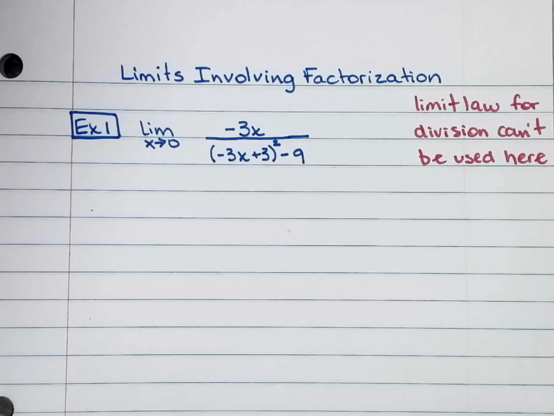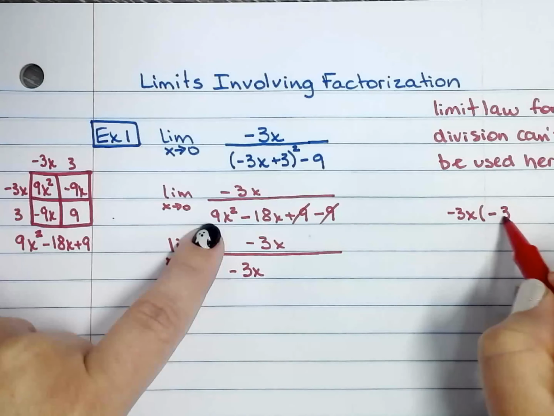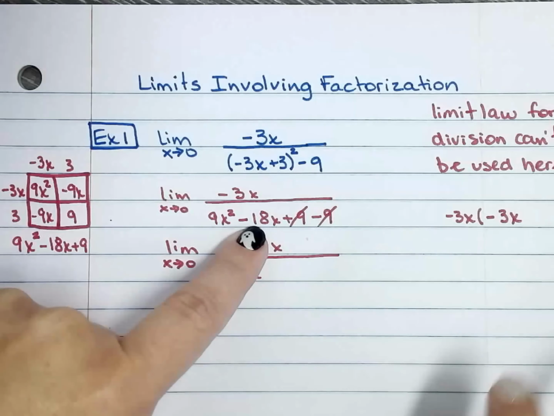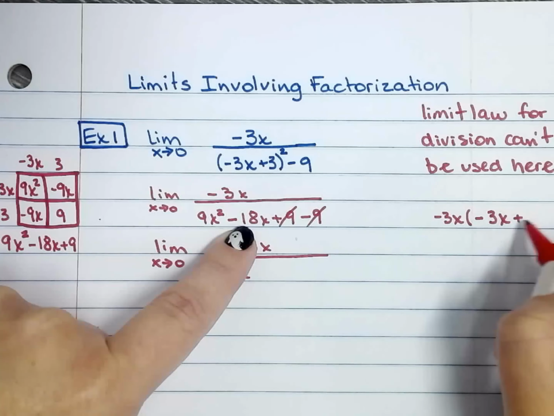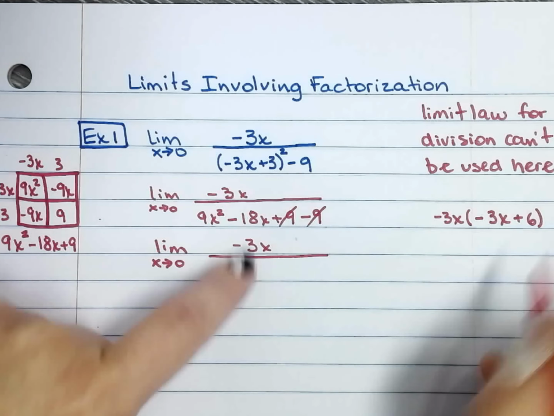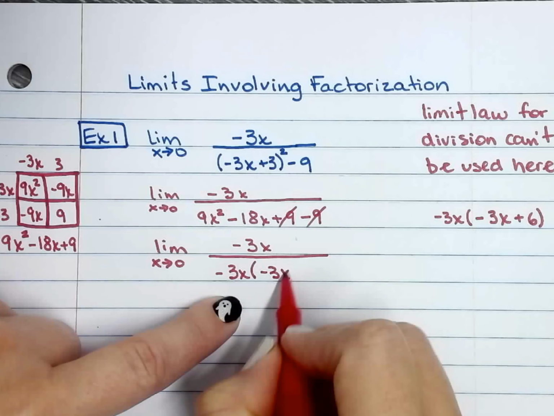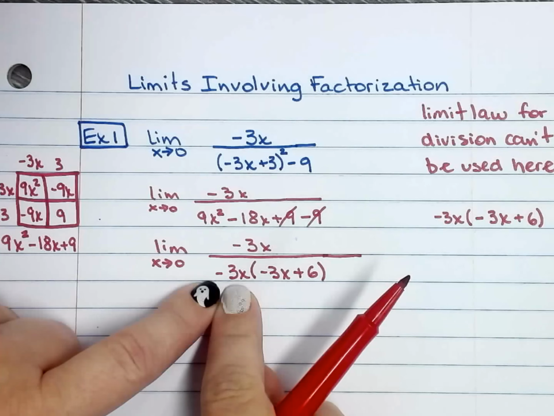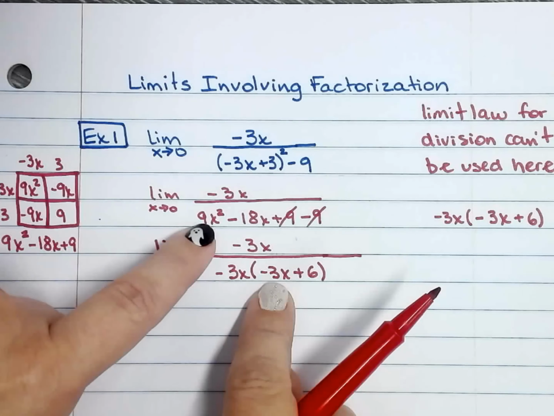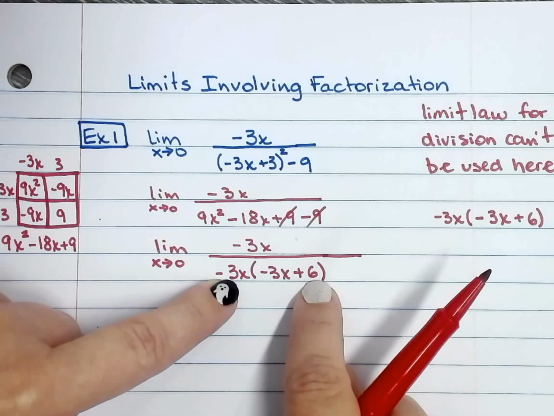So negative 3x: 9x squared divided by negative 3x gives negative 3x. Then negative 18x divided by negative 3x gives plus 6. So negative 3x plus 6. Notice if I distribute this, I have 9x squared, and if I distribute here, I have negative 18x.